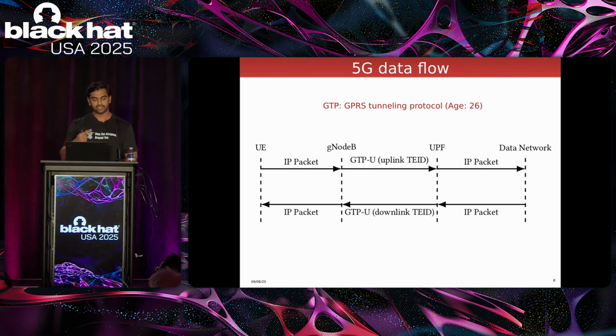The base station adds a GTPU header, then forwards to the UPF, the router, which forwards the packet outside, and vice versa. This GTPU header is a very, very exploited protocol in telecommunications, and it's still being used here, right?